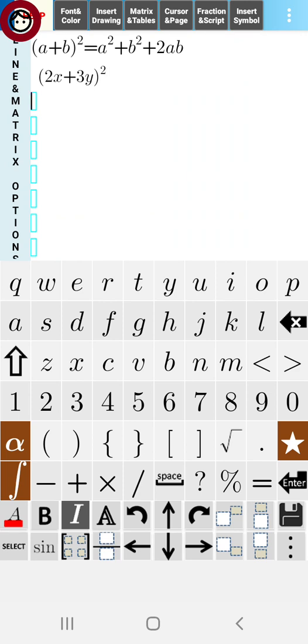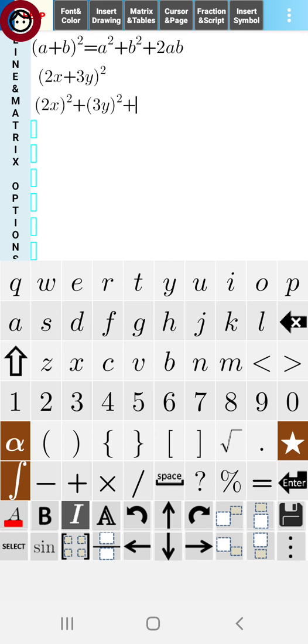Now we will use the identity given above. In place of a² we will write (2x)², plus, in place of b² we will write (3y)², plus 2ab.